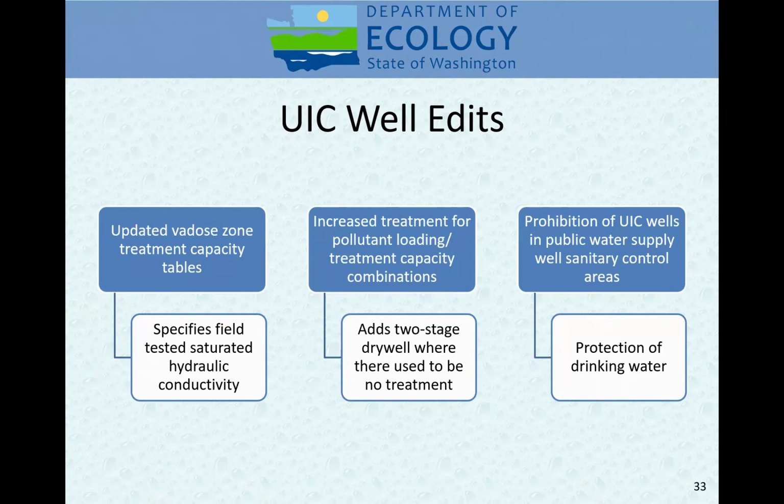One table discusses the vadose zone treatment capacity. That's the soil beneath the bottom of the UIC and the top of the seasonal high water mark. That's a non-saturated layer of soil. And we look at the treatment capacity and depth of that, and we determine if that can provide treatment or not.